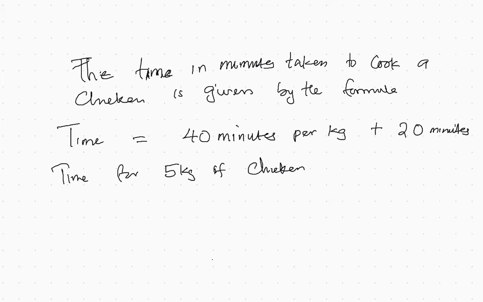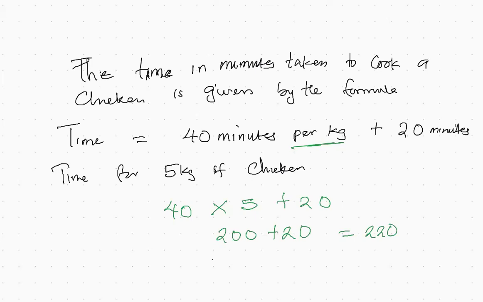That gives you 40 per kg times 5 plus 20. 40 times 5 is 200, plus 20 gives 220.